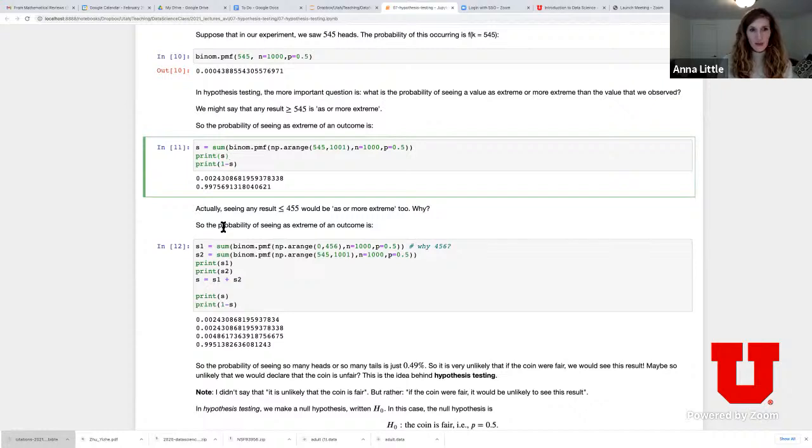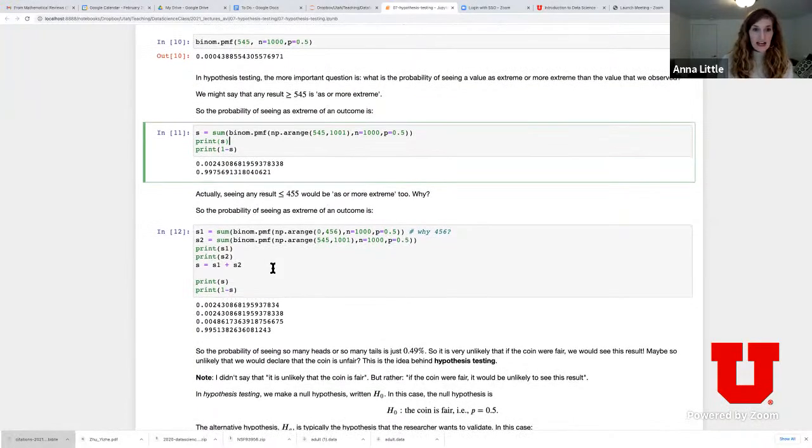So we also want to compute the probability that when we do the experiment, we get less than or equal to 455. Why 455? Well, that's the same distance away from the mean. The mean is at 500. So we had 545, which is 500 plus 45. We also want to do 500 minus 45 to get 455. And then we compute the probability of anything smaller than 455. So that's what this S1 does.